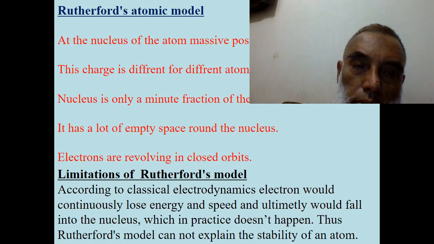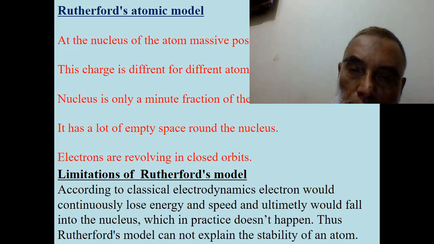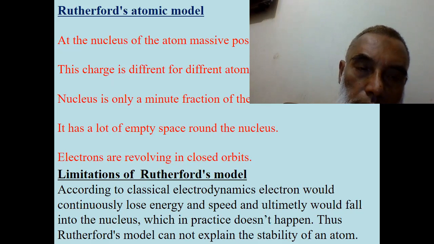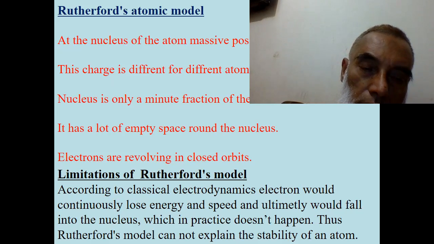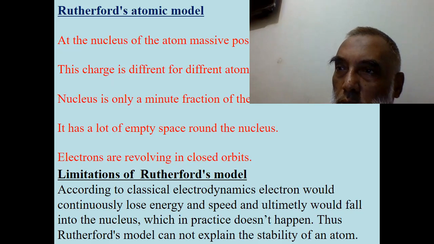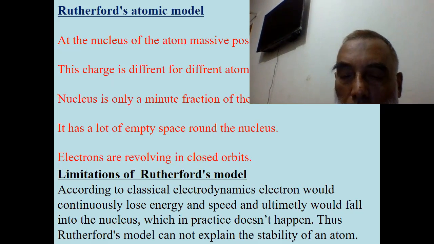Rutherford's atomic model says that at the nucleus, the atom is massively positively charged. This charge is different for different atoms. The nucleus is only a minute fraction of the total volume of the atom. There is a lot of empty space around the nucleus, and electrons are revolving in closed orbits around the nucleus. But the theory of electrodynamics didn't support it.